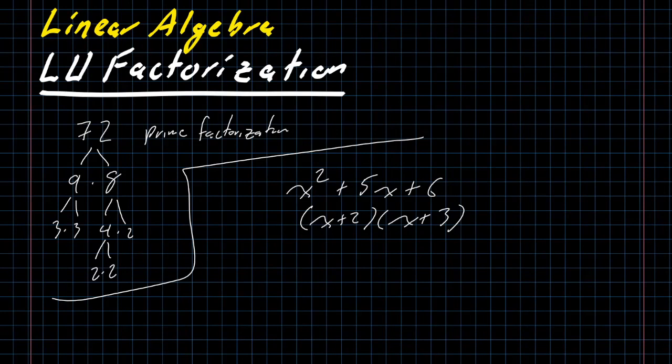But in any case, the goal of factorization is to take something that is complicated and rewrite it as the product of simpler things. And that's the same idea here with LU factorization.